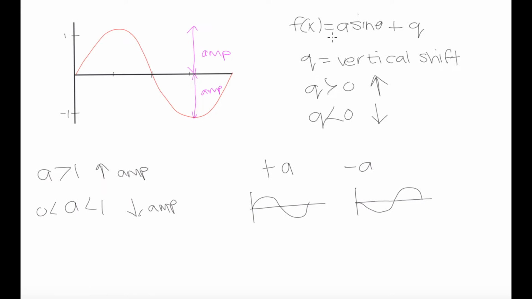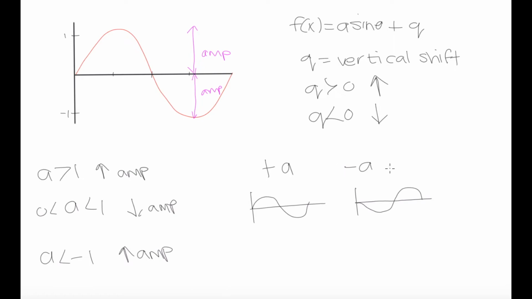So let's say, for example, we had an A value of -5. Now, when we are dealing with negative A values, if A is less than -1, we are again going to have an increase in our amplitude.